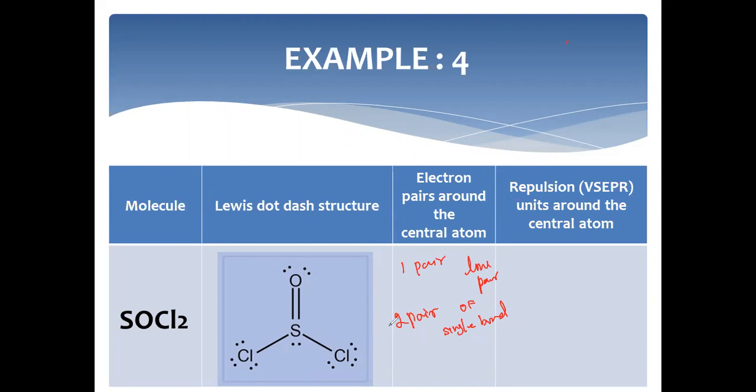And then you have the oxygen, which has the double bond. So one double bond means you have two pairs of electrons, right?